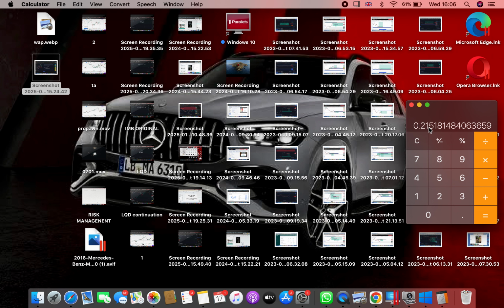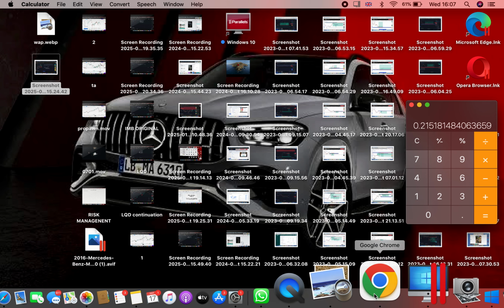So we approximate 0.21, adding 1 plus 1. Now instead of 0.21, we have 0.22, because we approximated this 5 to give 1 to this digit. So our lot size now is 0.22.